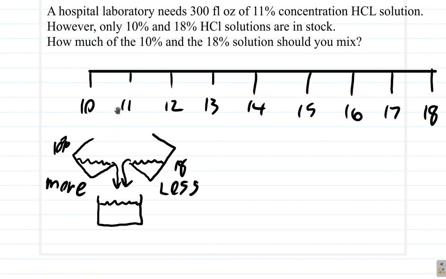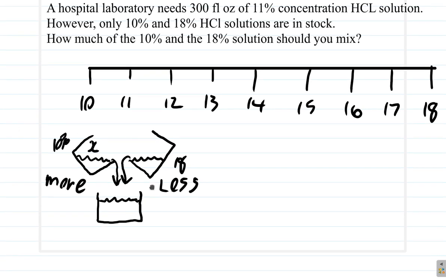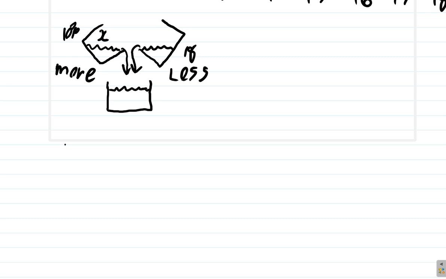Here we have 10% solution. We don't know how much it is. Let us say X is the amount of 10% solution. So we have 10%, 10 over 100 of X fluid ounces.